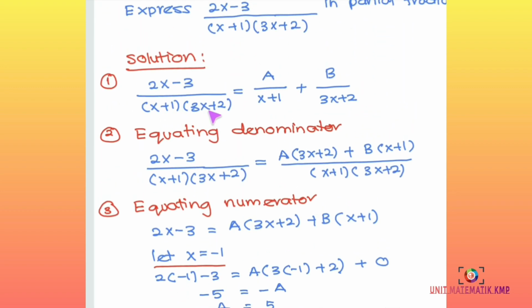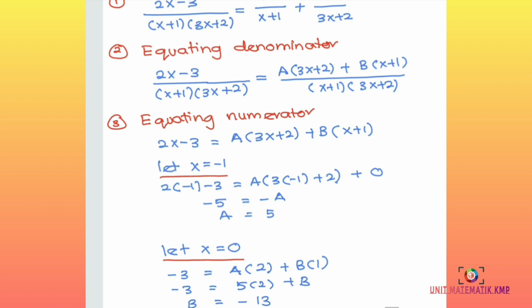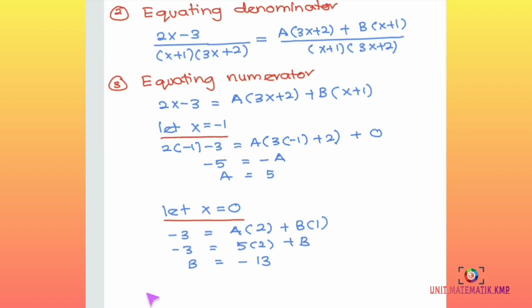Step number 1 we already did before. With the values of A and B, to find the final answer: (2x minus 3) over (x plus 1)(3x plus 2) is equal to A, which is 5 over x plus 1, and B is negative 13, so negative 13 over 3x plus 2.